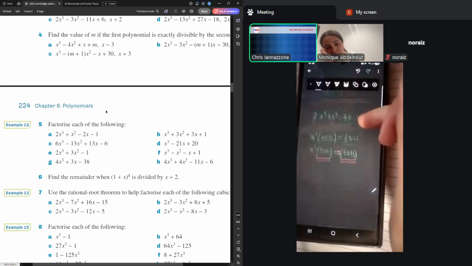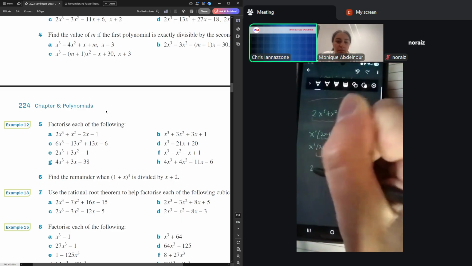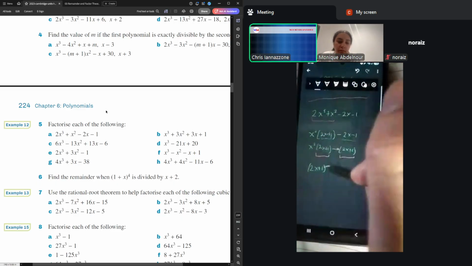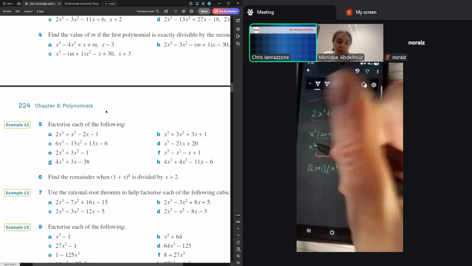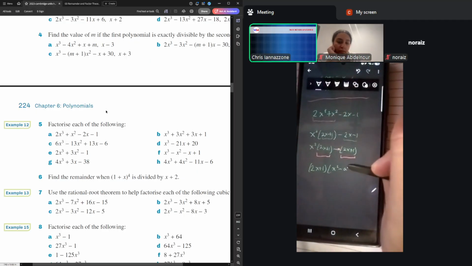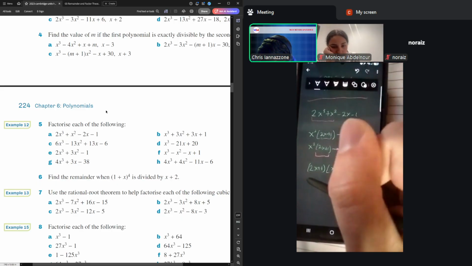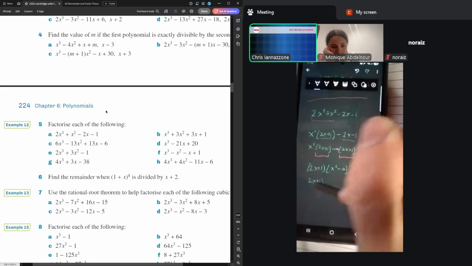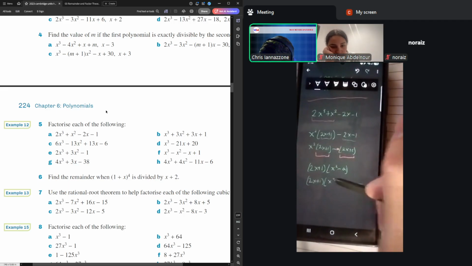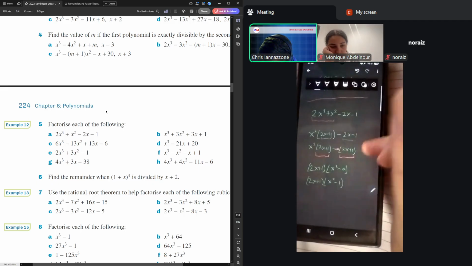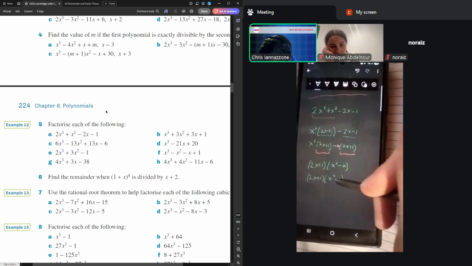Since they have the same, they can be taken out the front: 2x plus 1, then you're left with x squared and minus a. In this case, our a is 1, so we have (2x plus 1)(x squared minus 1). And that's almost as factorized as it can be.